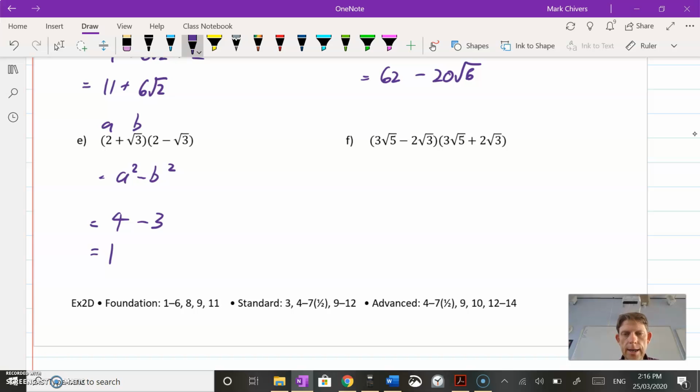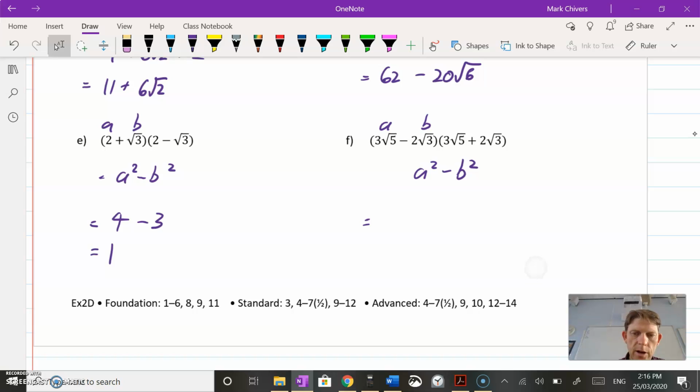And likewise, this last example here will still also follow that a squared minus b squared scenario, because the 2 terms are exactly the same, and the only difference between each set of brackets is that it's a negative and a positive. So if that's my a and that's my b, I just need to square them both. If I square 3, I'll get 9. If I square root 5, I'll get 5.